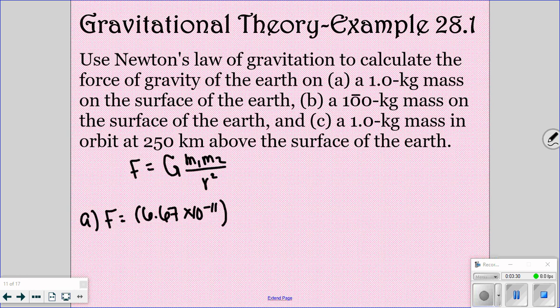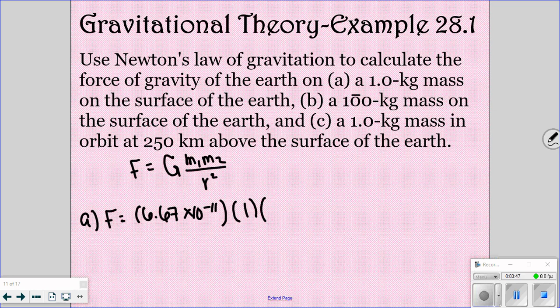The two objects that we're looking at are a 1 kilogram mass and the Earth. And so you have to look in the back of the book to find the mass of the Earth.